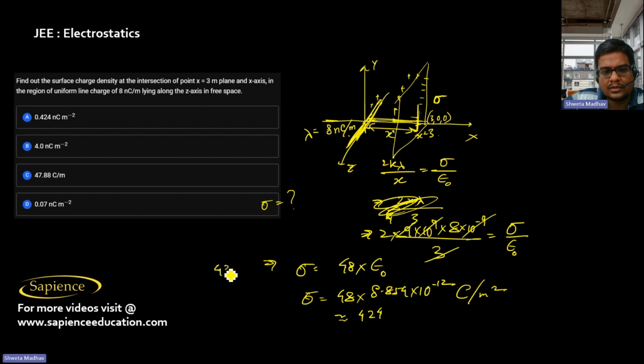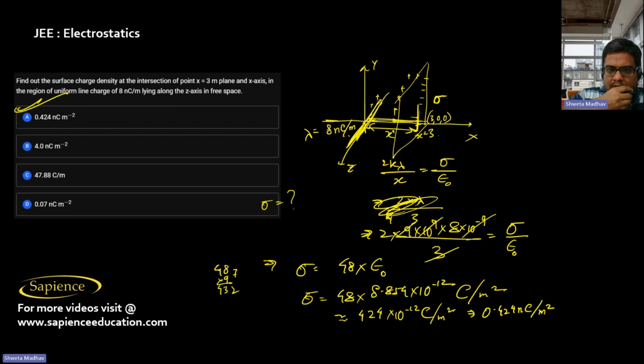It's 48 into 9, 9 8s are 72 and 36, 432. So it is approximately 424 into 10 power minus 12 coulomb per meter square, or I can say this will be 0.424 nanocoulomb per meter square. So option A is the correct answer.